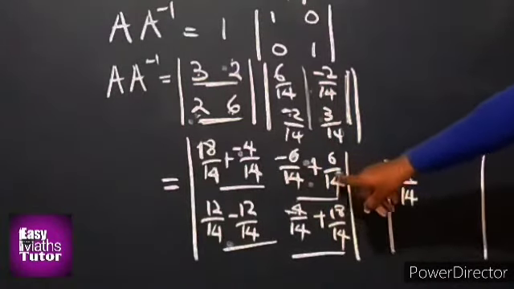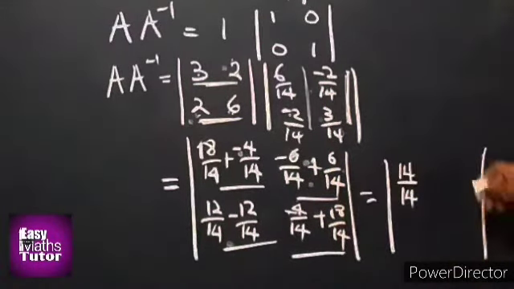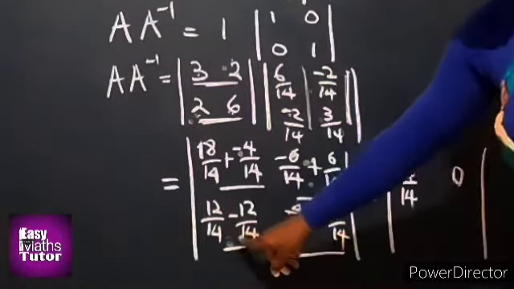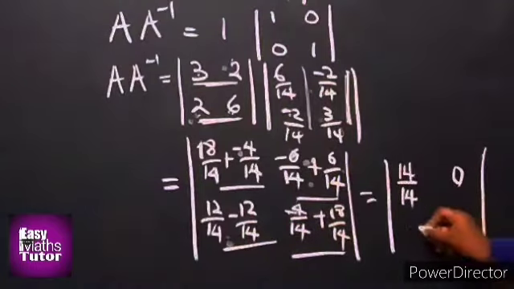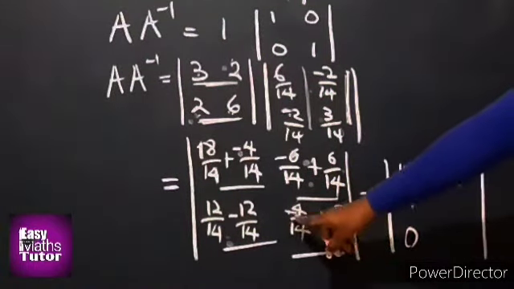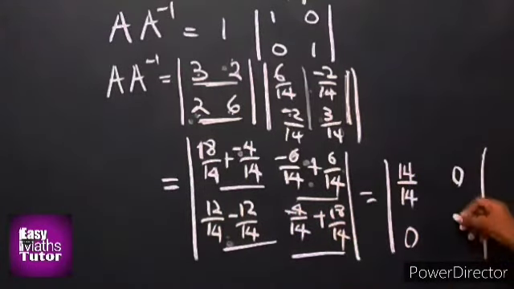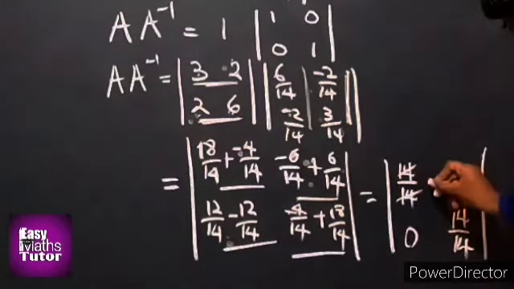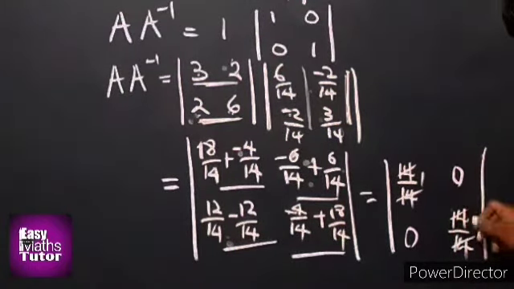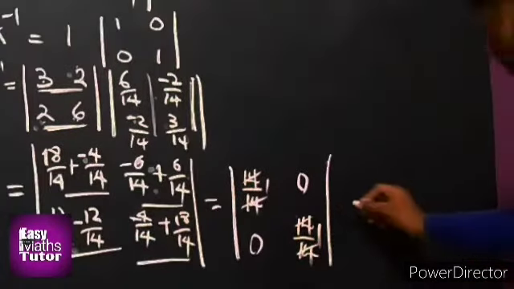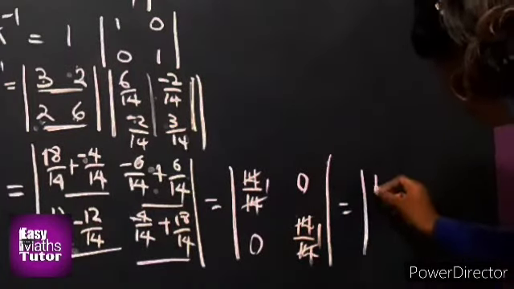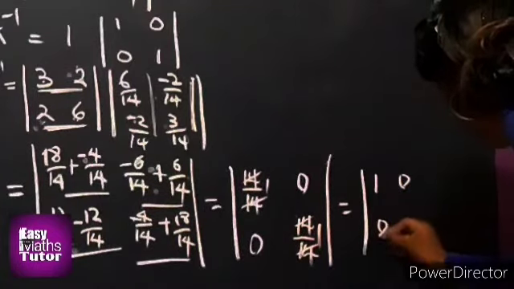Minus 6 over 14 plus 6 over 14 cancels out, so it gives you 0. 12 over 14 minus 12 over 14 will give you 0. While minus 4 plus 18 will give you 14 over 14. And we all know that 14 over 14 gives us 1, giving us our unity matrix.